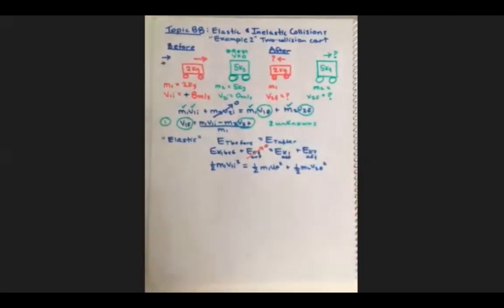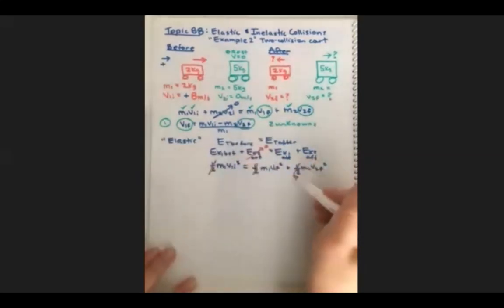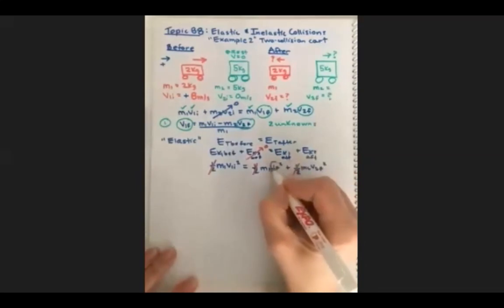Taking a look at what we have and what we don't know, what we can simplify, we can cancel out the 1/2 because it exists in all terms. And we are trying to solve for v1f and v2f.